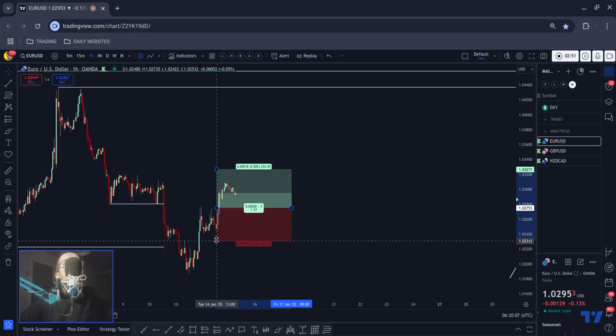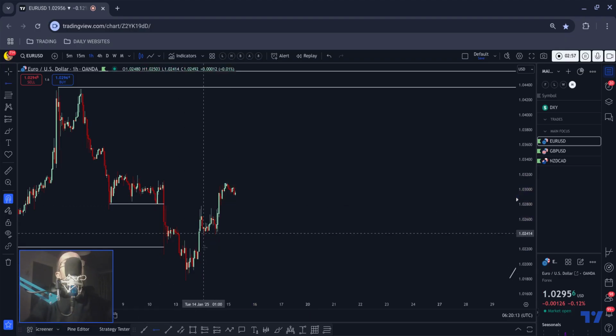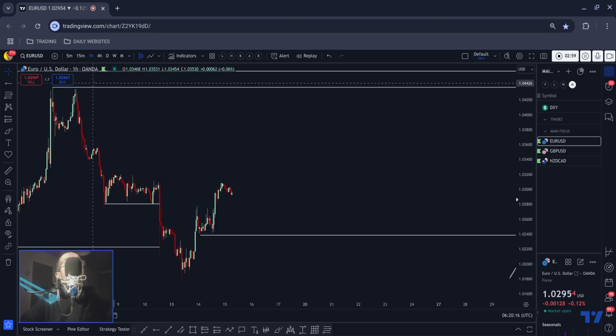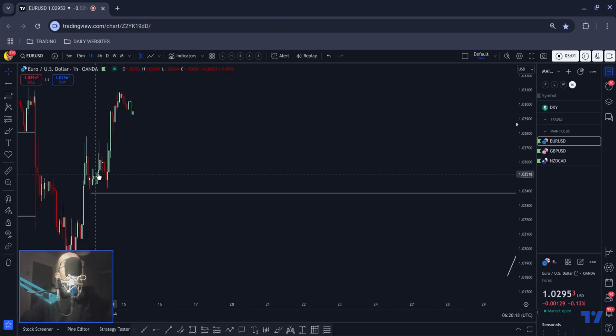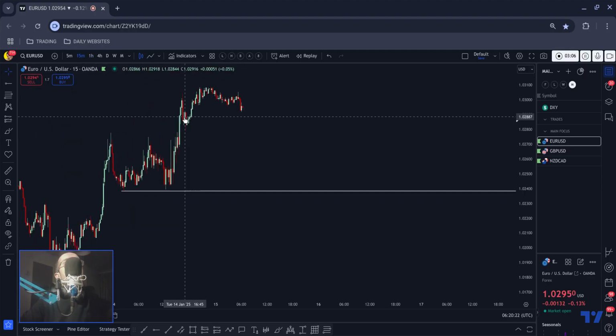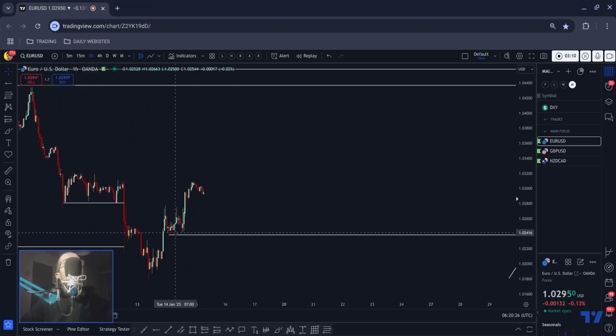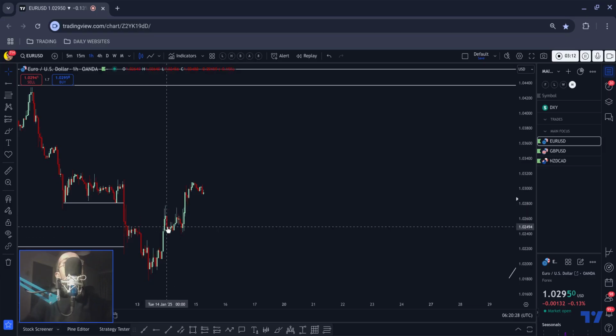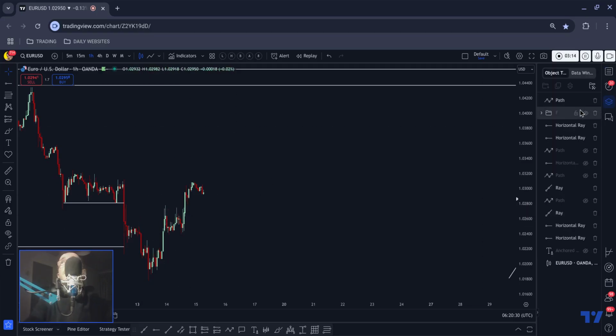I'm not really interested in stop losses like that if I was going to take it on the break. If I was looking for the entry down here, I did have this on watch, but there was no entry candle to actually get involved. I'm looking at rejection candles and there's absolutely nothing there that I could have got involved in. So we disregard that.